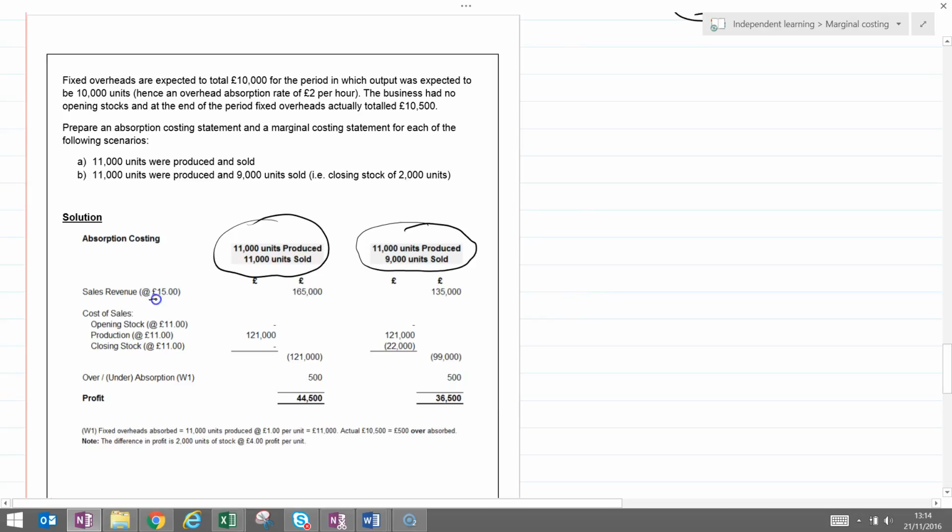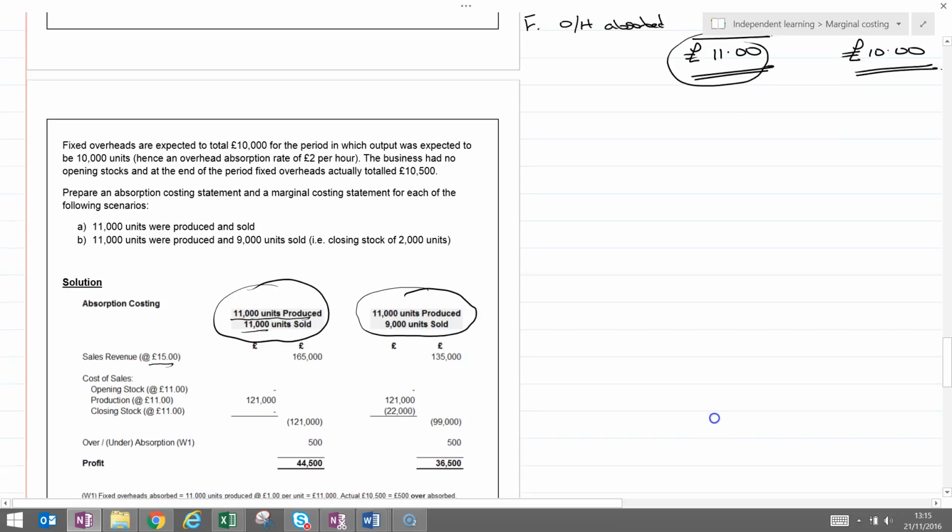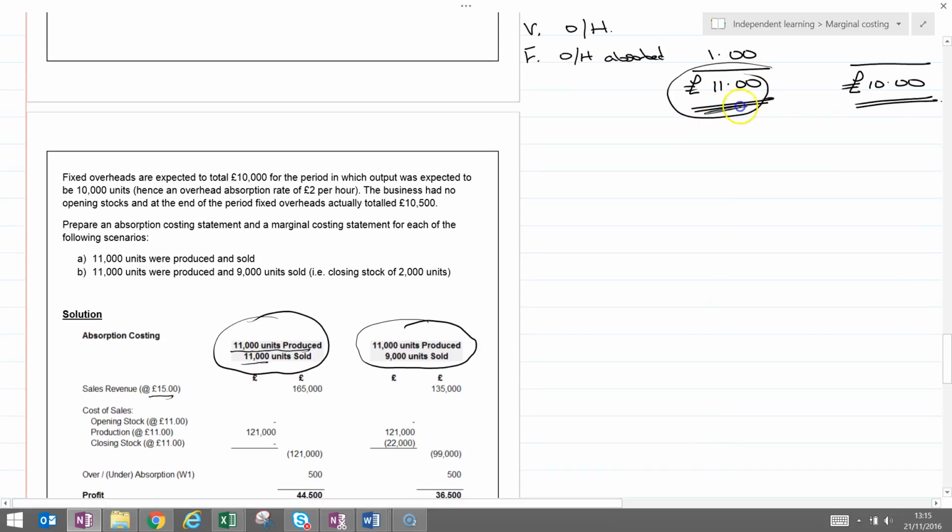So selling price £15, we've sold 11,000 units, so 11,000 times 15 gives us our sales revenue of 165,000. Then we need the cost of sales. The question told us there was no opening stock, so that's 0. Production, we're told there are 11,000 units produced, and we have just worked out our production cost is £11.